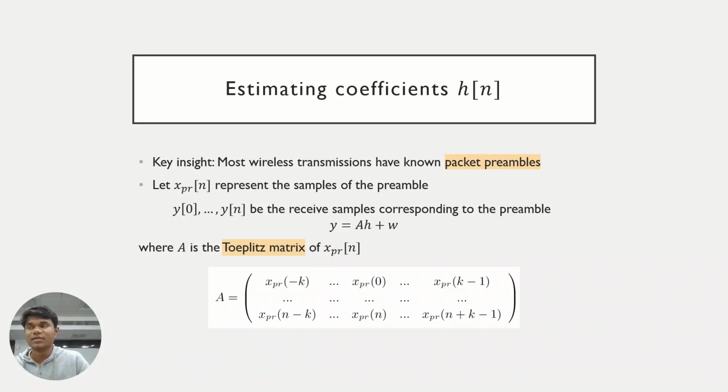Packet preamble, again a term which most of us do not know initially. I did not. In a protocol like Wi-Fi, there's a set of bits that we transmit with the data that we are transmitting for sure, and it is known to us a priori. That is, we know that if transmission is taking place, we are also transmitting this fixed set of bits.